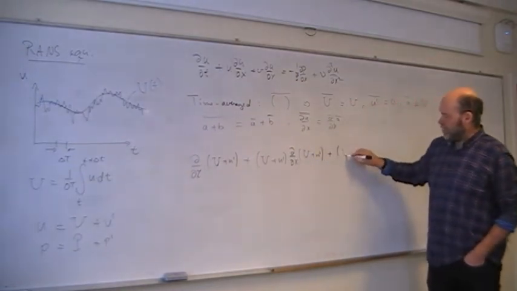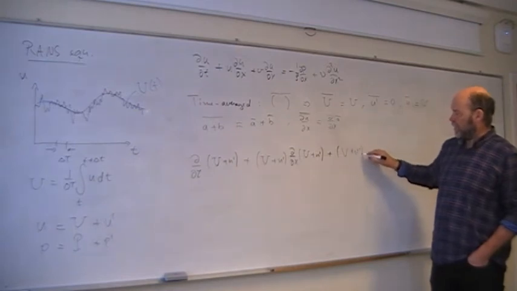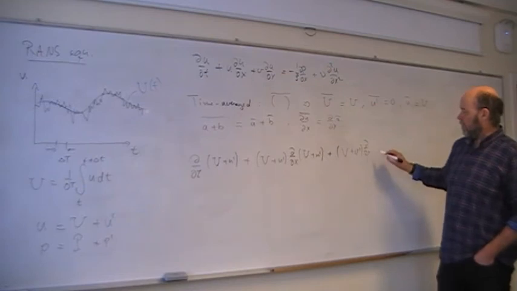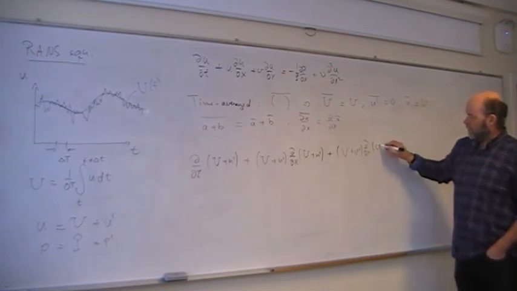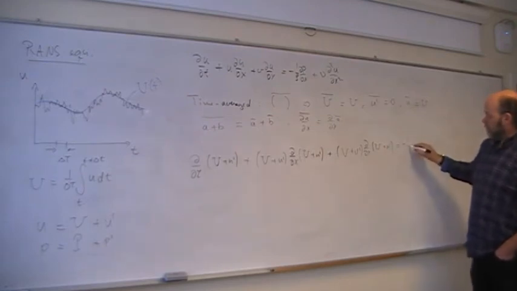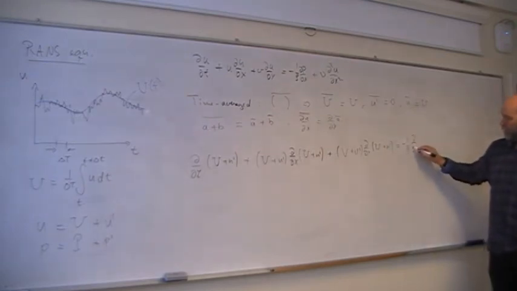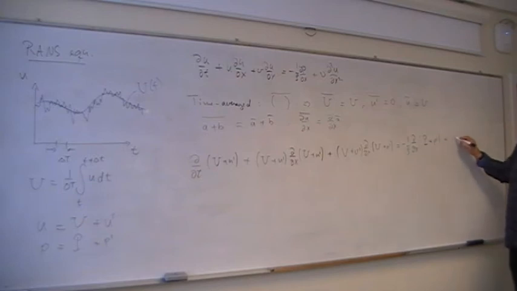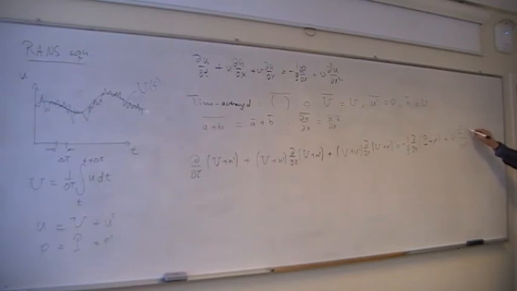And then a large V plus V fluct multiplied with the y derivative of large U plus U fluct equals the x derivative of big pressure plus fluctuating pressure, and the final term, the double derivative of large U plus U fluct.